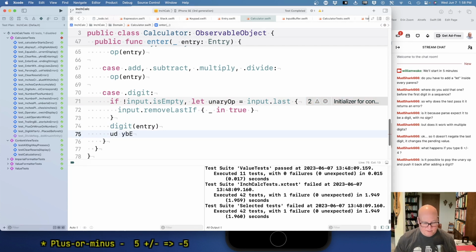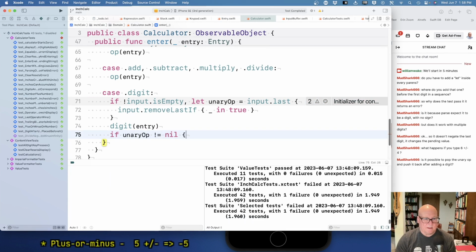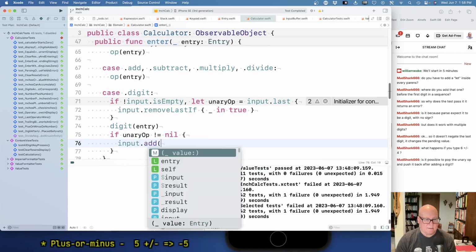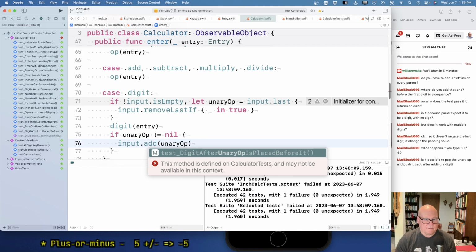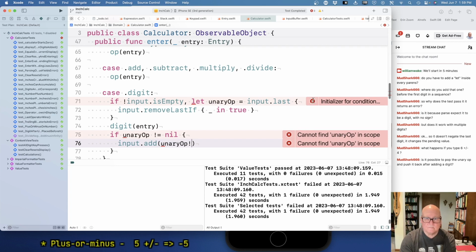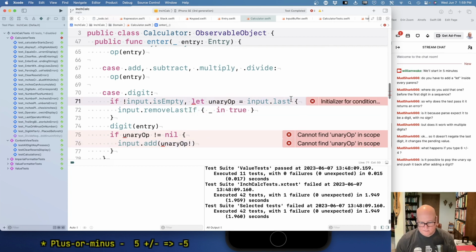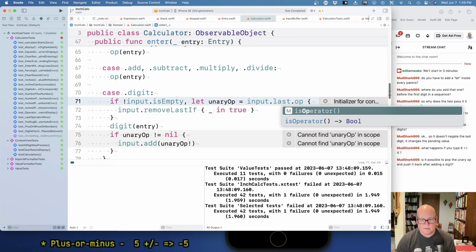If the unary op is not nil, then input.add unary op. I'm going to say dot op.